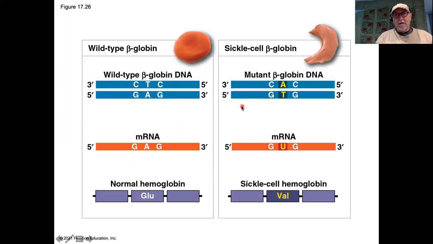In sickle cell hemoglobin, however, there is a mutant. And there's a substitution, not CTC, but CAC, and the resulting mRNA will be GUG. And that is for valine, a completely different amino acid. And that has huge impact on the functioning of the hemoglobin molecule.